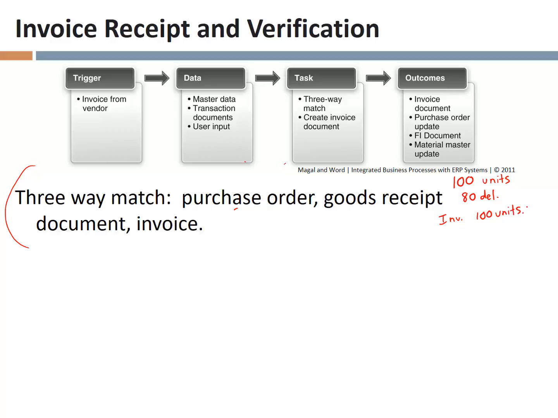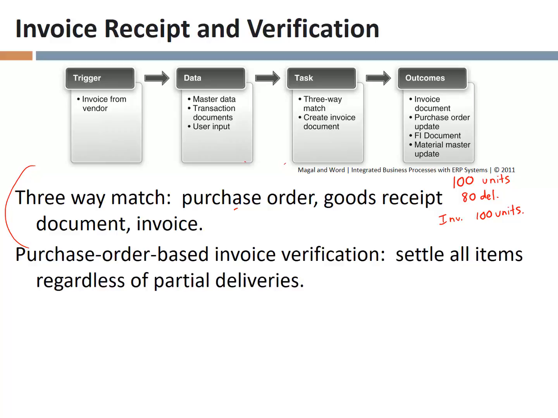What do we do? And the answer to that is, it depends on a company. What a lot of companies do is they do what is called purchase order based invoice verification. And let me explain the logistics of it and then explain to you why we do it this way.